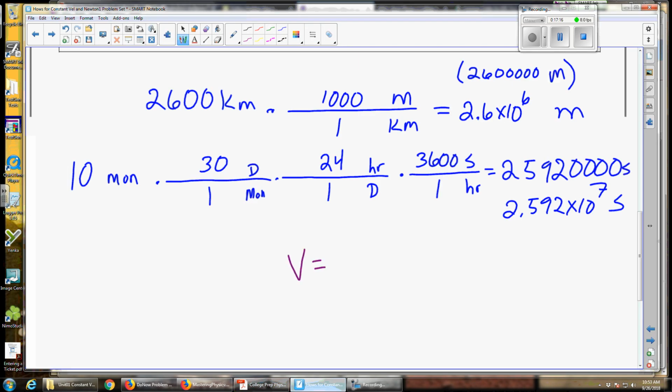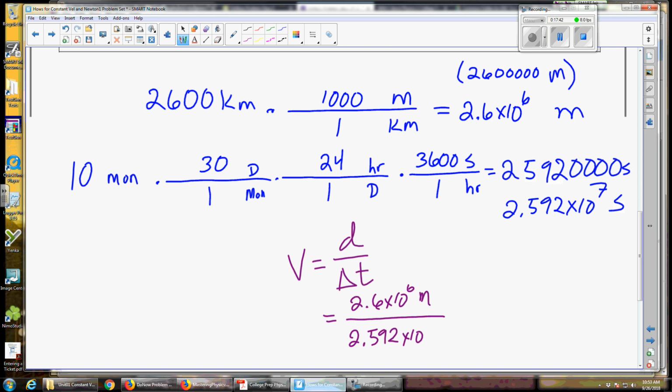Speed equals distance over time. Kind of like the basic version of our definition of velocity. And so I know my distance, 2.6 times 10 to the 6th meters. And I know my time, 2.592 times 10 to the 7th seconds.